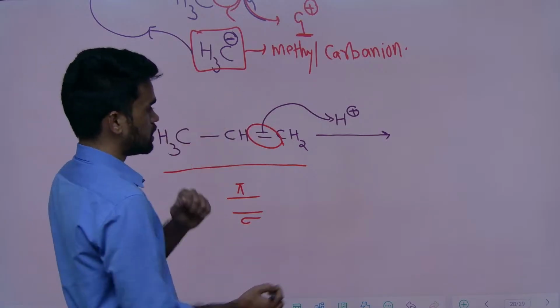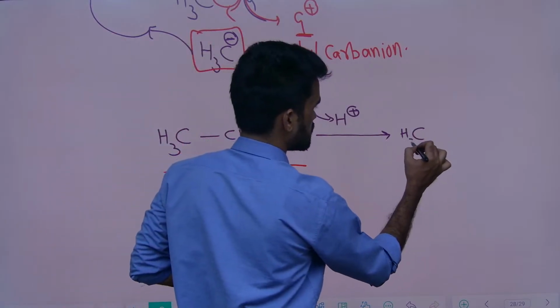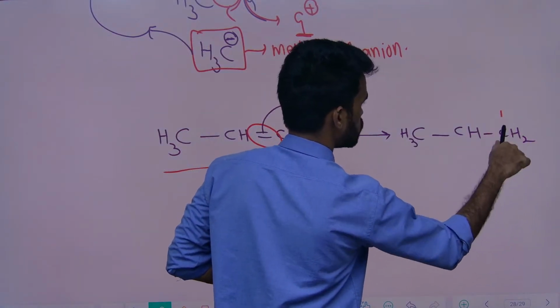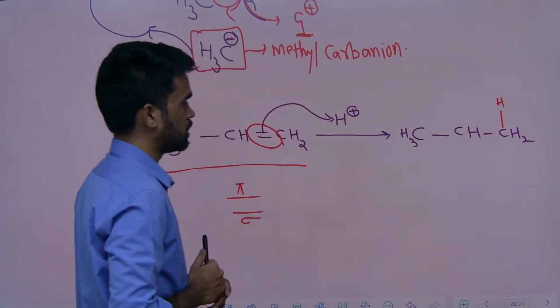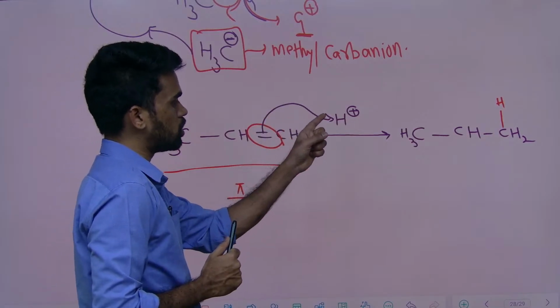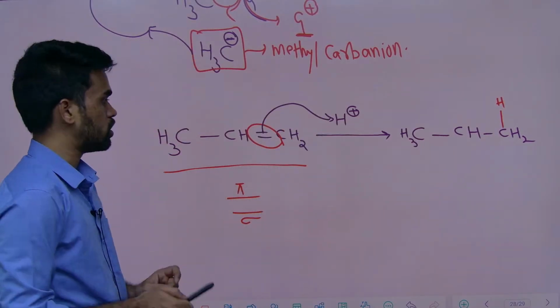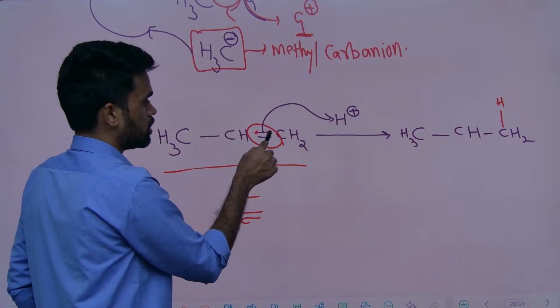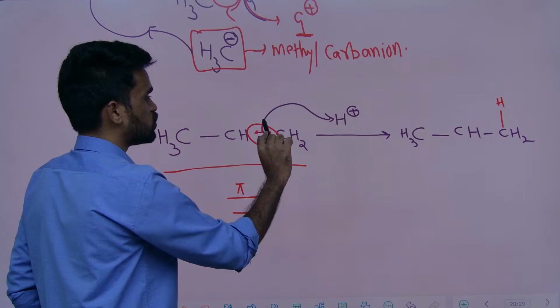If we are donating that, we are going to create something like this: CH3, CH, CH2 and a hydrogen atom over here. When it is donating the electron, who is losing those pi electrons? The electrons are present between two carbon atoms, but both carbon atoms are shifting like this.